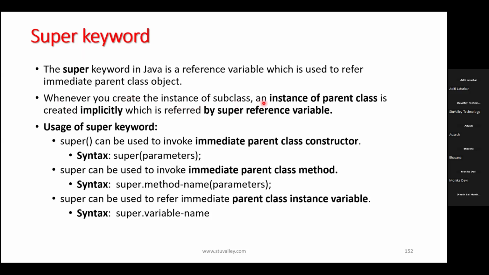Whenever you create the instance of subclass, an instance of parent class is created implicitly, which is referred by super reference. It is a super, right? And we say that parent class as a super class. So it is a reference for super class.